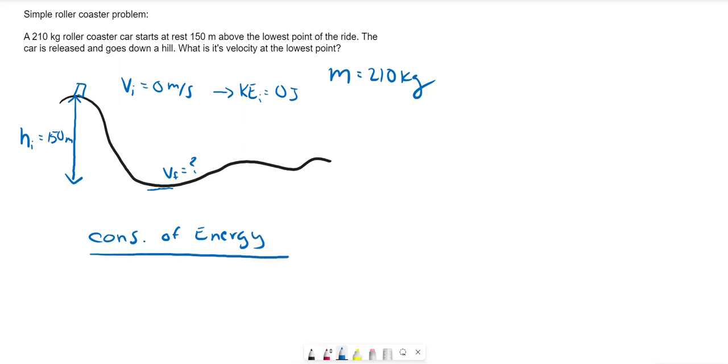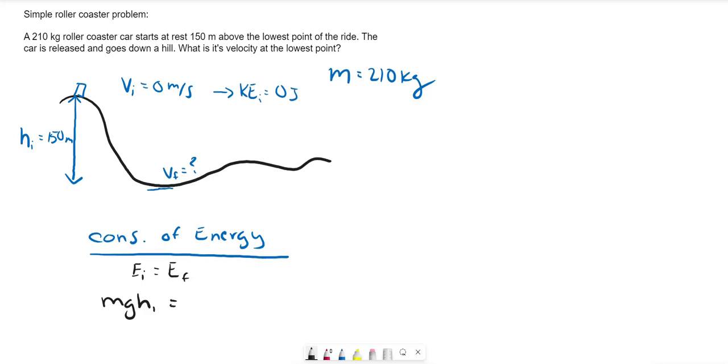we can say that our total initial energy has to equal our final energy. So we're starting off at the top at rest, so we have no kinetic energy, so we just have potential energy, and that's just going to be gravitational potential energy, mg times the initial height.